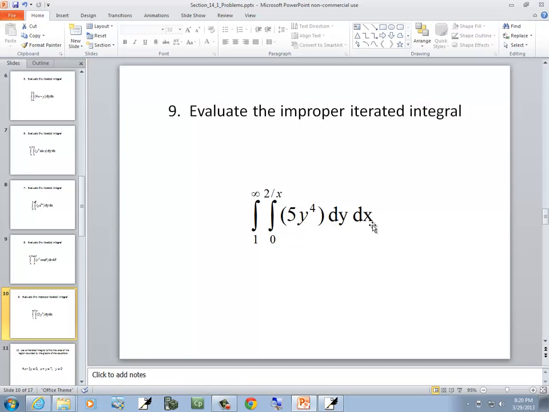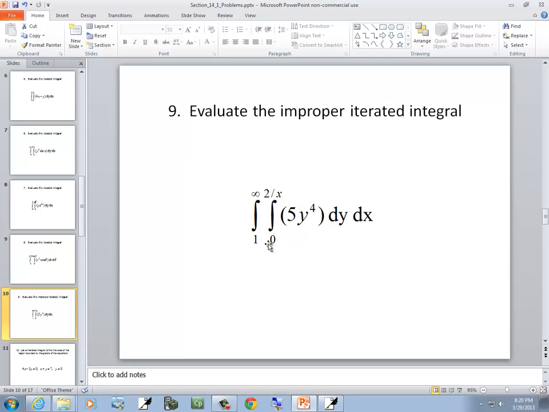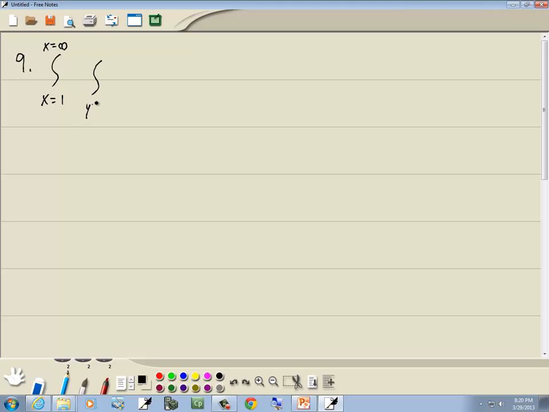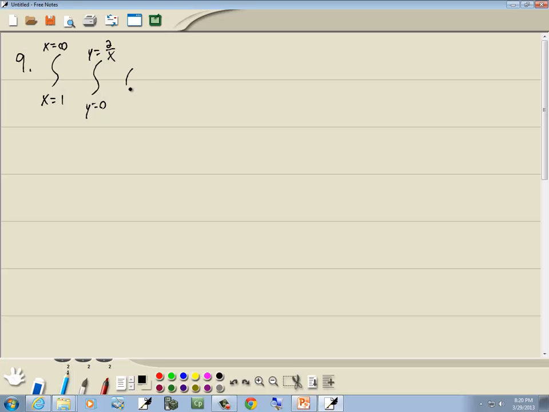The outer one is a dx, so this is x equals 1 to x equals infinity. And the inner one is a dy, so this is y is equal to 0 to y is equal to 2 over x, 5y to the 4th dy dx.